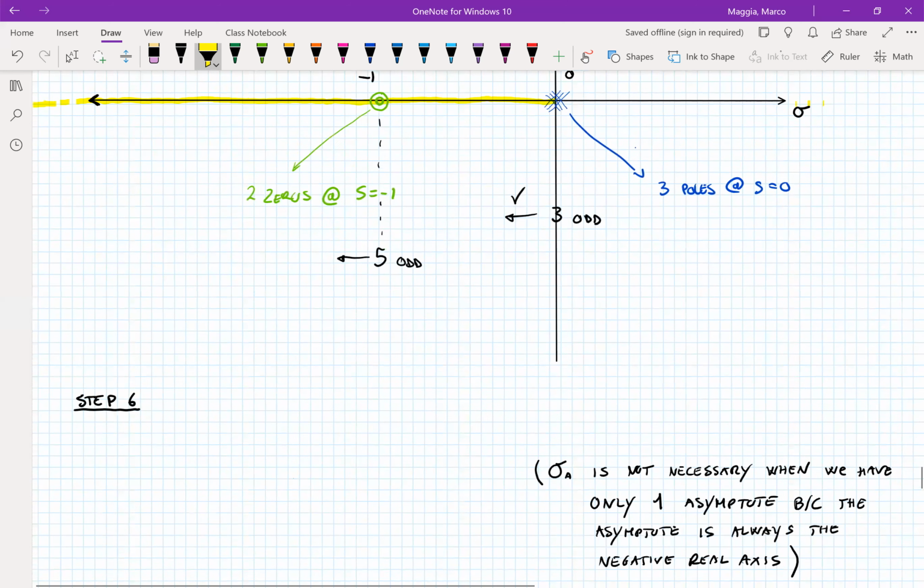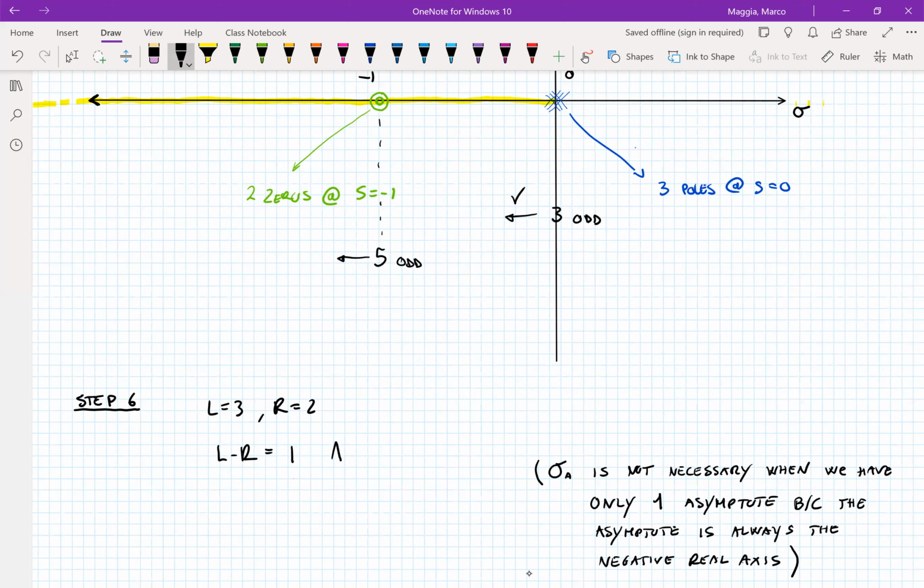And in fact, going to step 6, we actually need to find the asymptotes. So remember that we have asymptotes whenever we have more open loop poles than zeros or more open loop zeros than poles. So in other words, when we have a different amount of open loop zeros than poles. In this case, we have L that is equal to 3 and R that is equal to 2. So L minus R is 1.